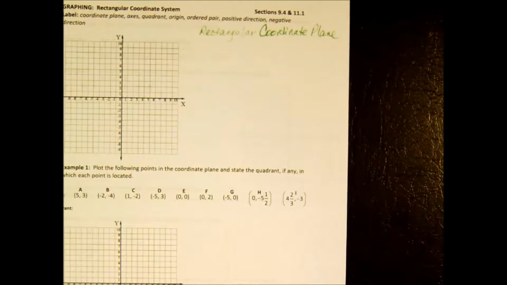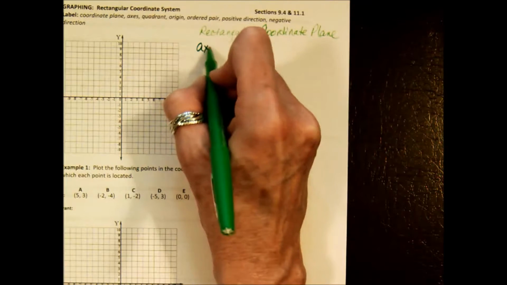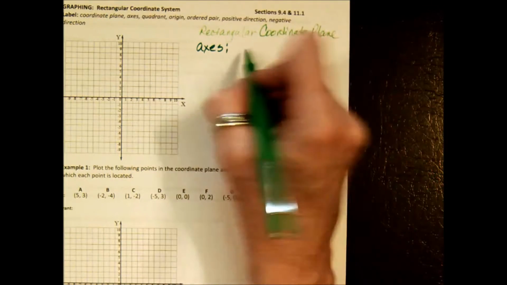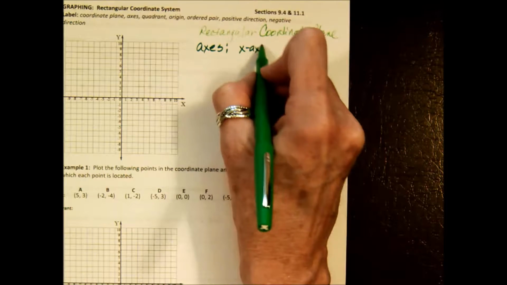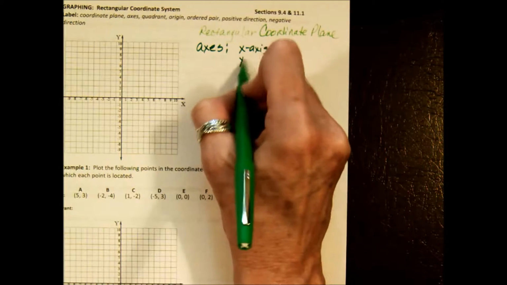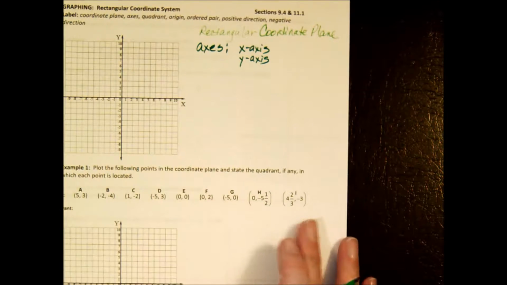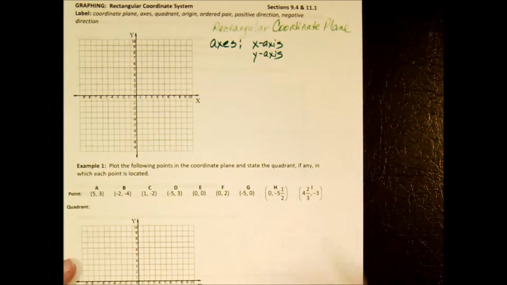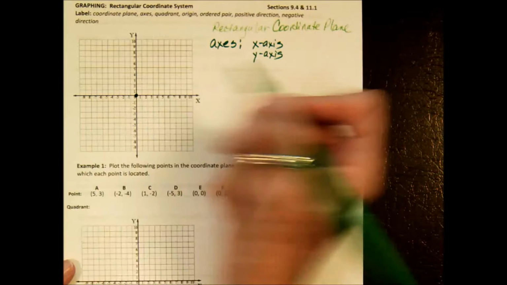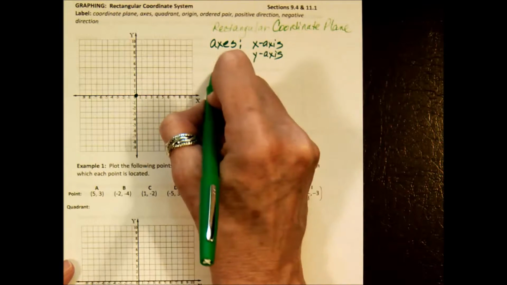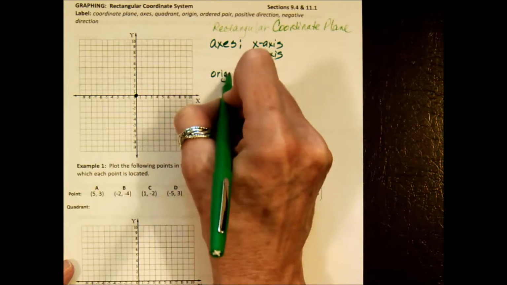The plane is made of two axes. We have the x-axis, which goes horizontally. We have the y-axis, which is our vertical axis. And those two axes cross right here at this point at an intersection that is called the origin.